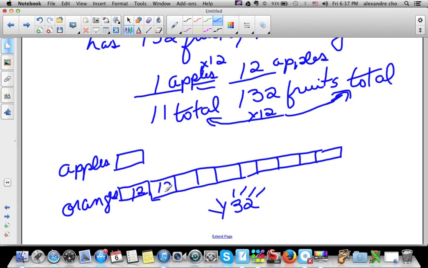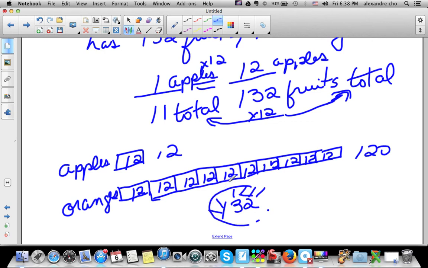The magic number here is 12, because 132 divided by the 11 boxes that we have is 12, 12, 12, 12, 12, 12, 12, and 12. So if you take 12 times 10, that's 120. If we put another 12 over here, 120 plus 12 gives us a grand total of 132.